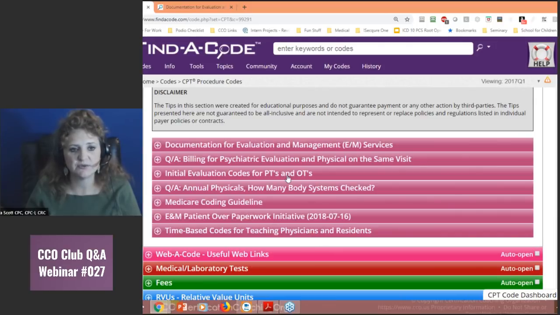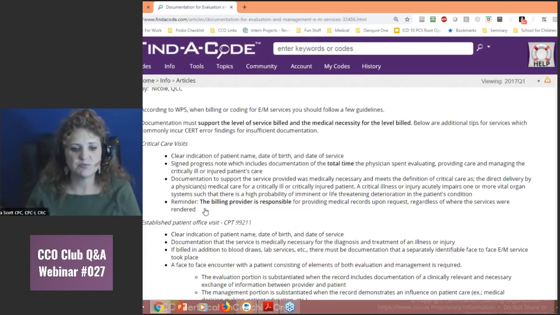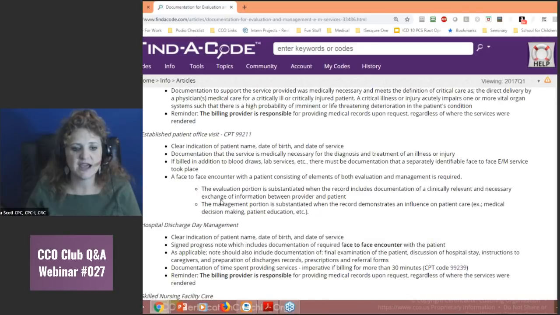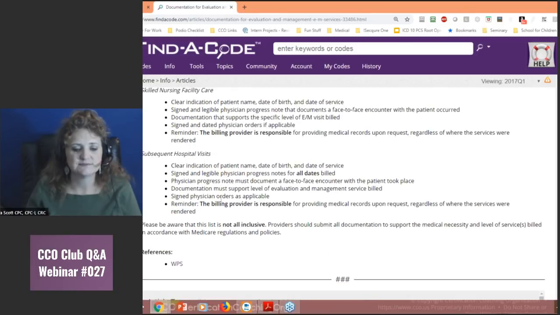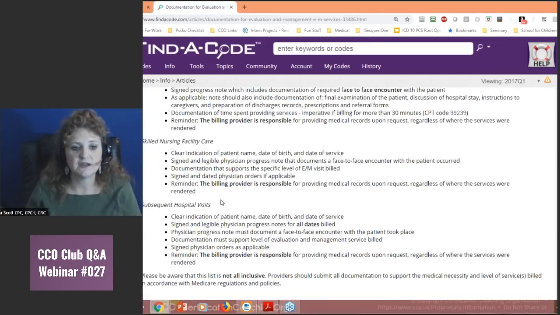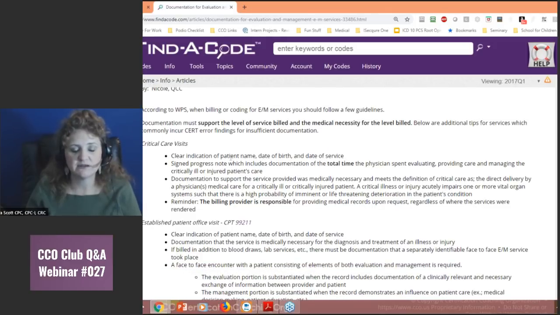You can't do the residents, of course. So here is that article that was required to make sure you had a link if I wanted to use it. I only use this portion, but now you can see how it is much more in depth about evaluation and management documentation and what's required.